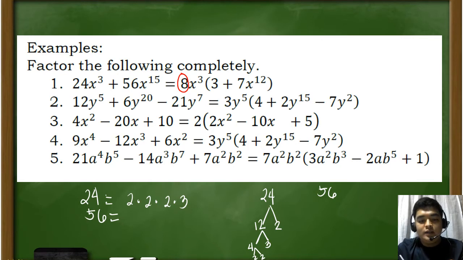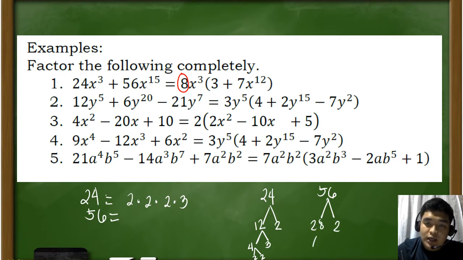56 is 28 times 2. Right? Then 28 can be 7 times 4, and 4 can be 2 times 2.